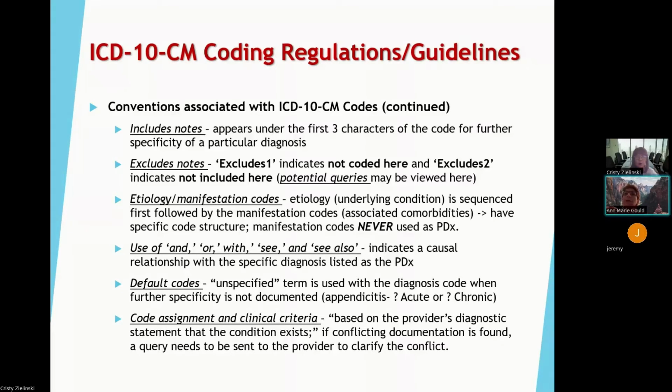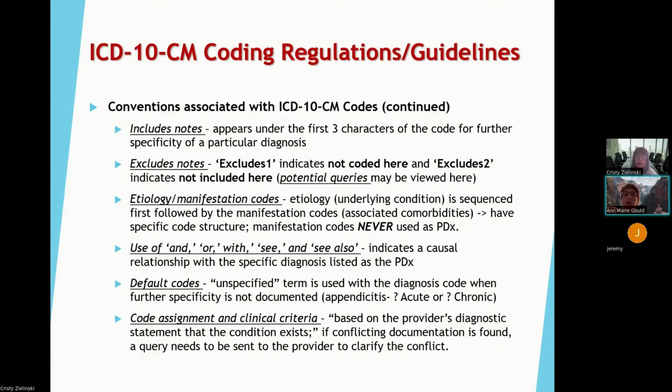So when you have an excludes1 note, think about a diagnosis that may be inherent to the particular diagnosis you just put in your 3M encoder. For example, acute pulmonary edema is inherent to an acute heart failure diagnosis. So it'll tell you excludes1. You can't add that acute pulmonary edema diagnosis within your 3M program, your DRG program.